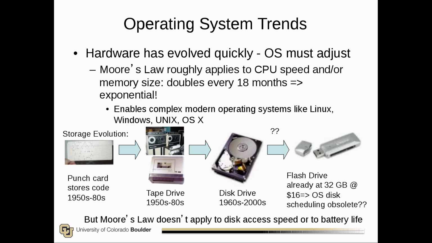So, for operating system trends, hardware has evolved very quickly and OSs must adjust. Moore's law is still applicable today, doubling every 18 months. Currently, we can get a 128 gigabyte flash drive for 16 bucks. This is a little outdated on the slide at the right, which shows a flash drive of 32 gigs at $16.